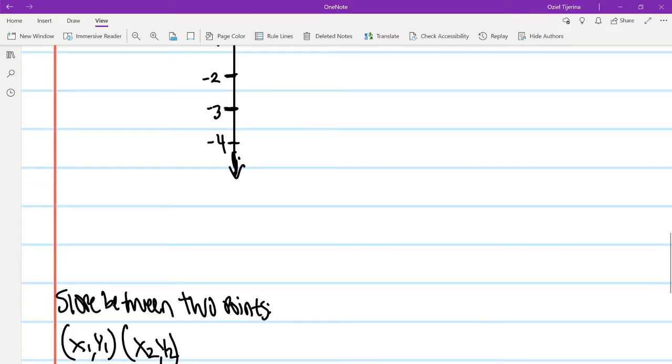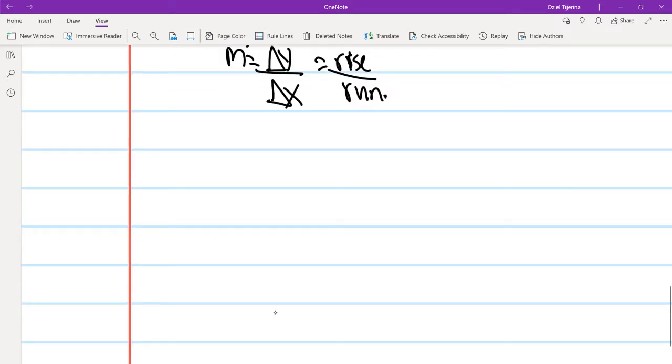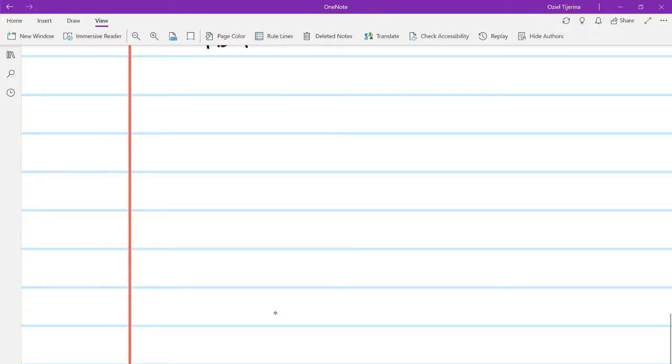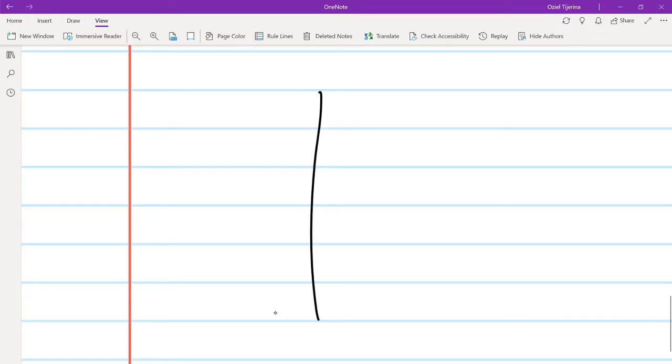So another way to do it is if you say the slope equals y2 minus y1 over x2 minus x1, and that is if you have, so let's do an example.